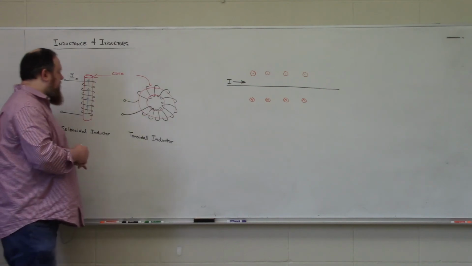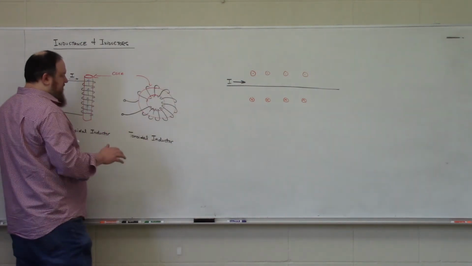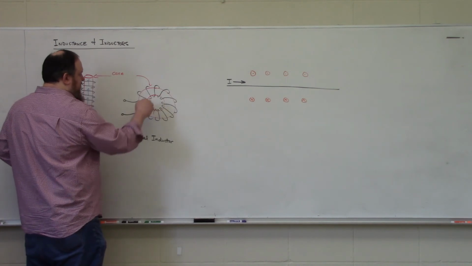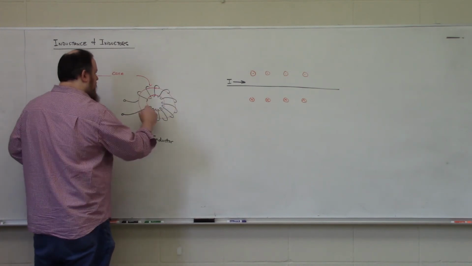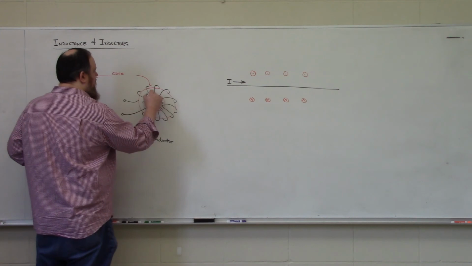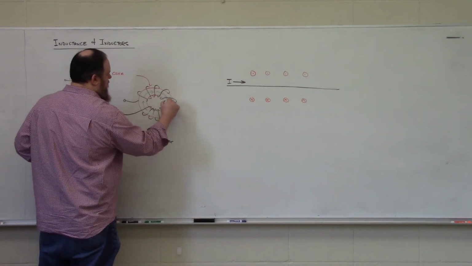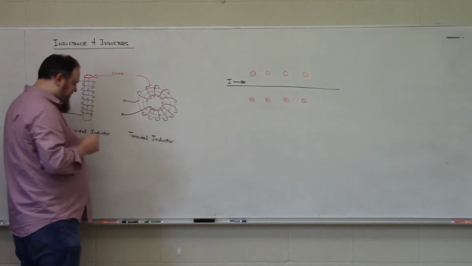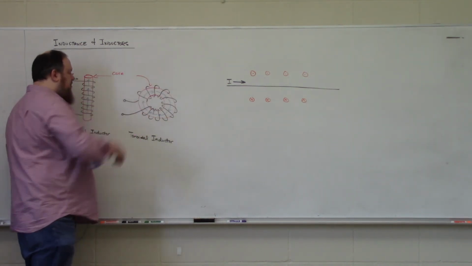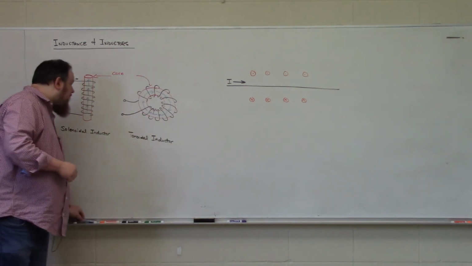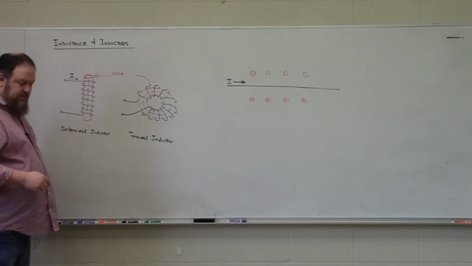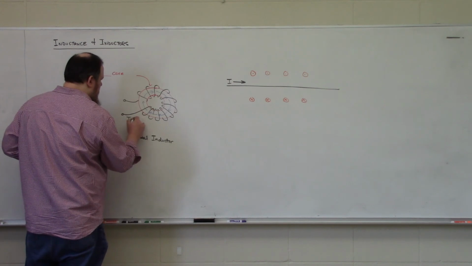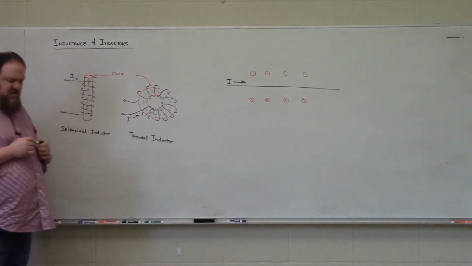That's the relationship. In our toroidal inductor, we would see, based on our right-hand rule, that since the coil is wrapped around this way, we'll get magnetic flux that circulates in a loop around our core, where the current I is in this direction.